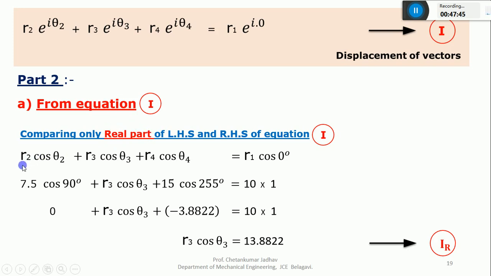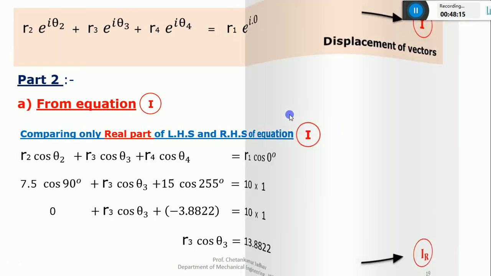It becomes R2 sin theta 2, R3 sin theta 3, R4 sin theta 4, R1 sin 0, because the imaginary part is the portion along with this i. So here you got R2 cos theta 2 plus i sin theta 2, right? The imaginary part is R2 sin theta 2. Here the imaginary part is R3 sin theta 3. Here R4 sin theta 4. Here R1 sin 0. Just compare those equations.